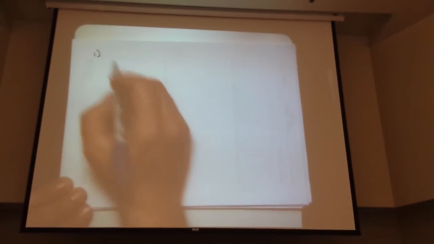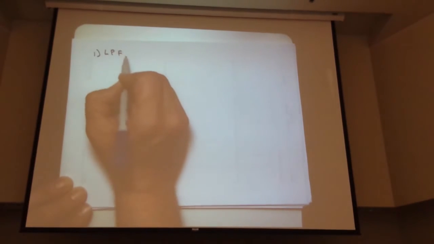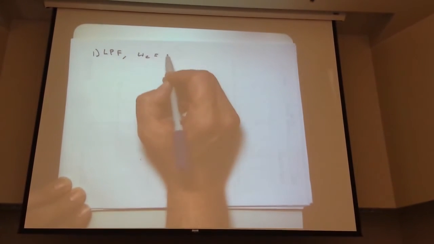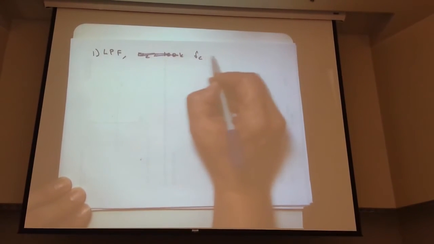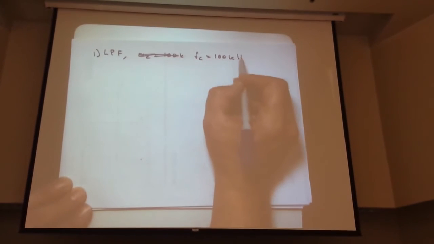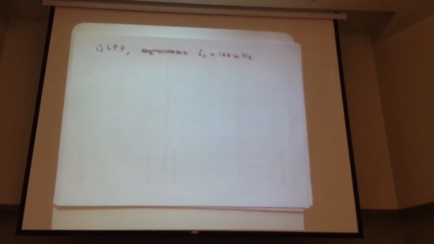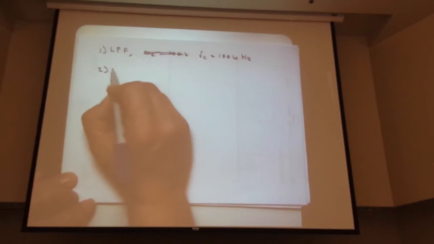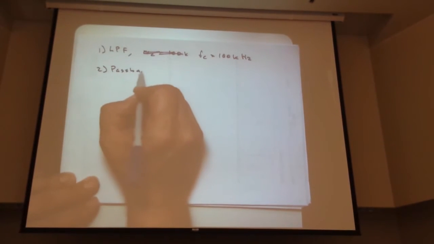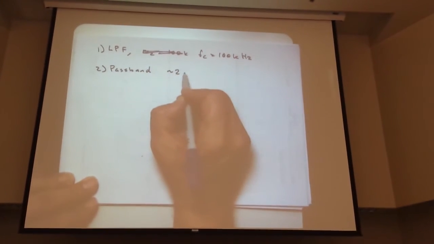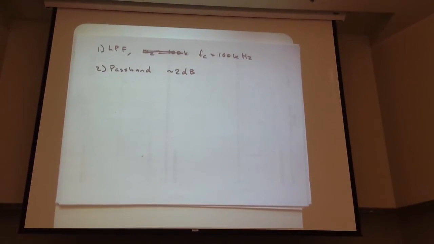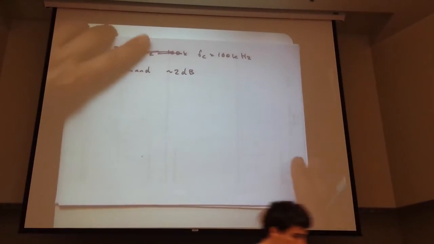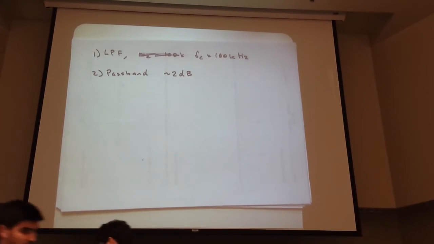So this was a low pass filter. FC equals 100 kilohertz. Pass band, it's around plus 2 dB, so 2 dB over 0. Would you ever make a pass band with negative dB?